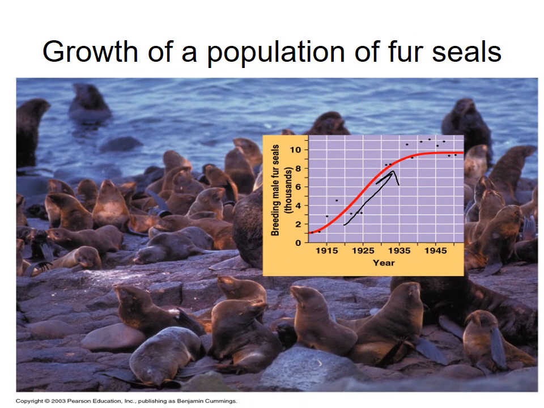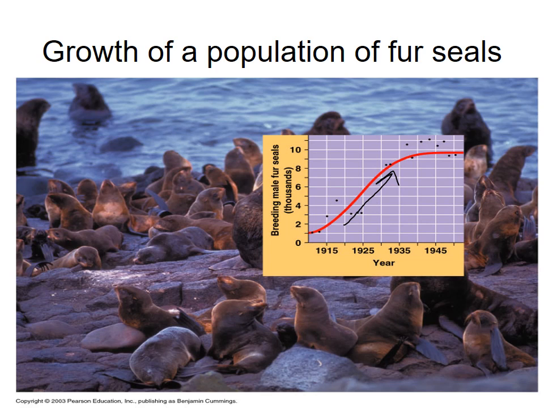So if you take a look at the growth of a population of fur seals, back in the 1910s, 1915, a new set of breeding fur seals were added to some islands, and the populations were tracked. And for a period of time, they did have that pretty exponential growth line.